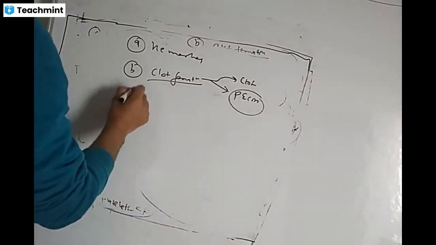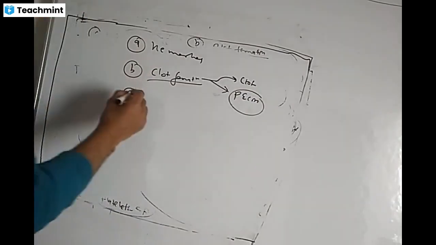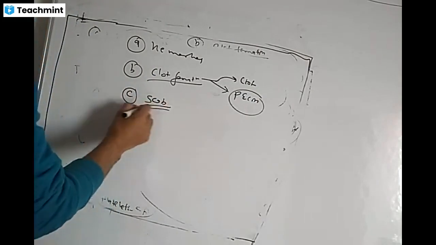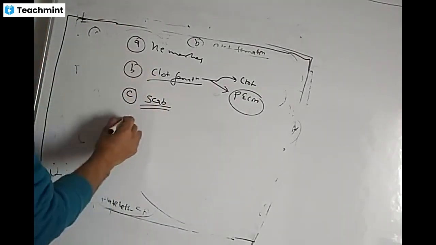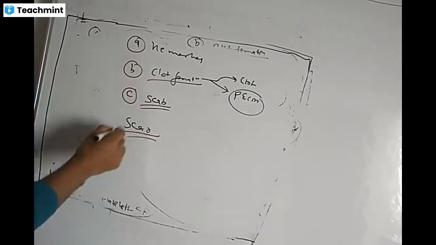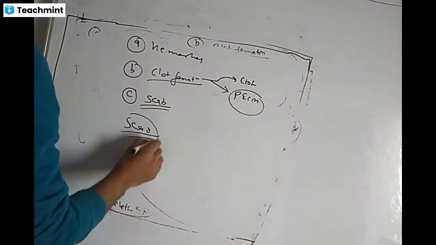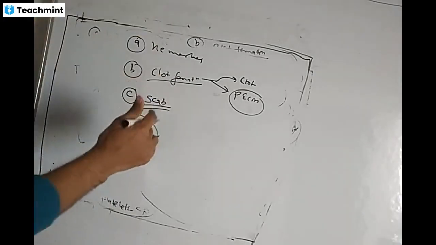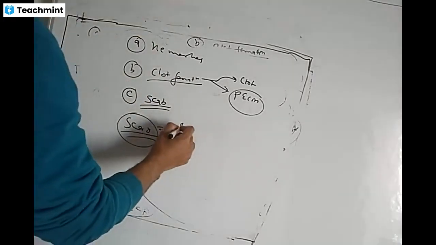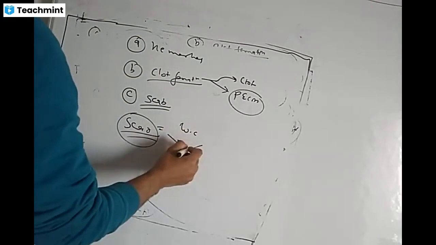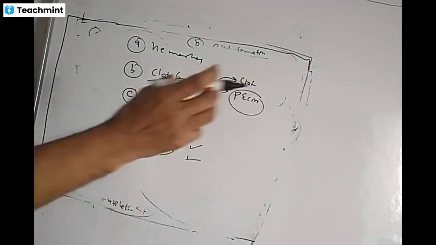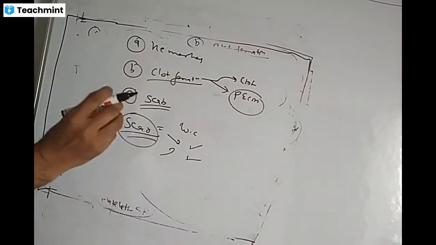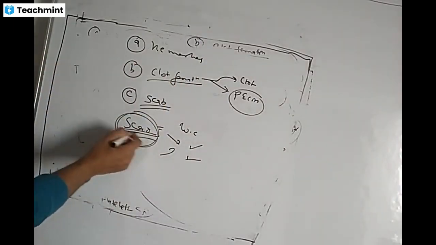In the third step, this clot will become dry. Then we will use the term scab. Scab and scar are both different. Scar is in further sequence phases, I will explain that when there is wound contraction, the contraction of the collagen fibers brings the edges towards each other, and there may be formation of scar.